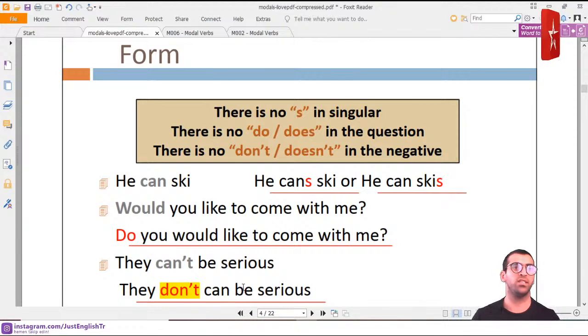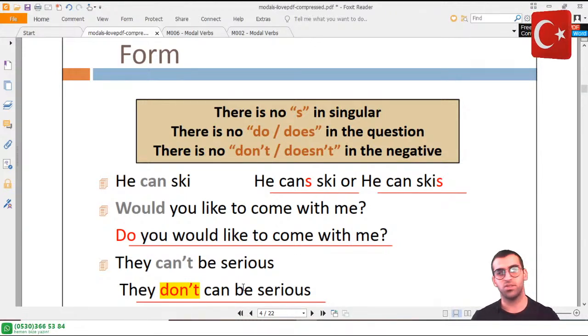I could play the piano when I was a child, so it is an ability. And the first meaning, as I told you, is to ask something politely. For example, could you bring, or could you take, could you give me your email address, please. All right.